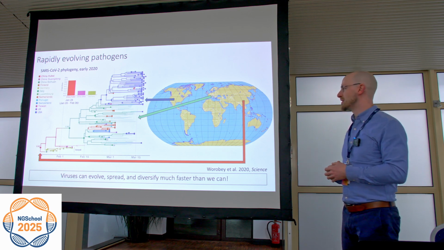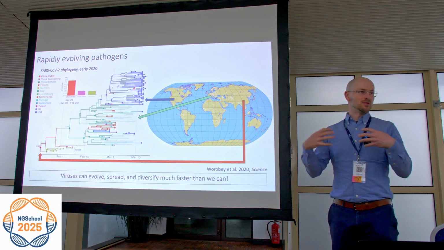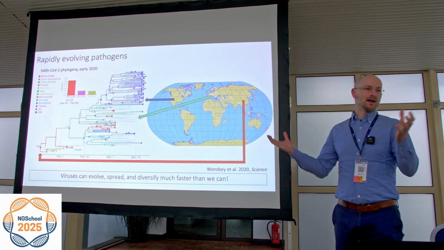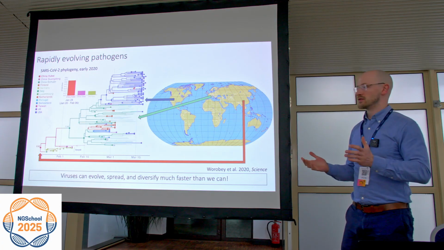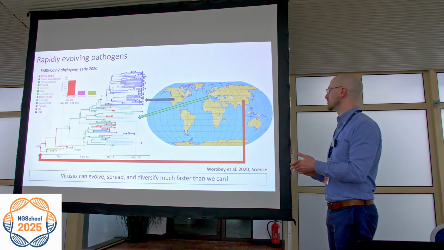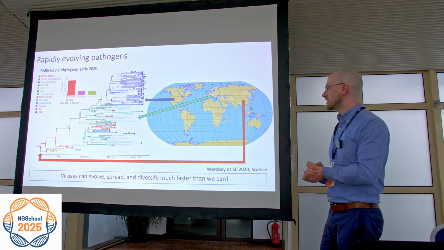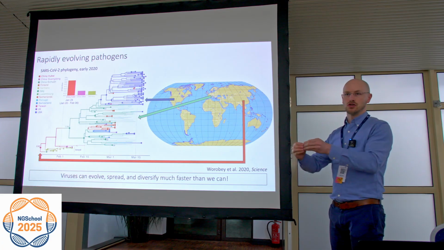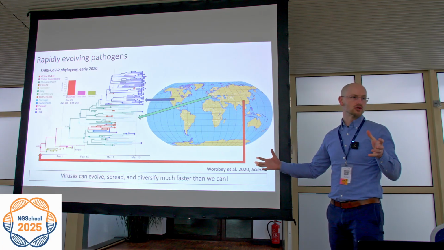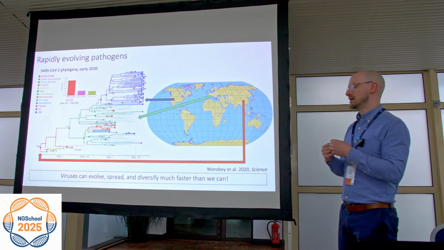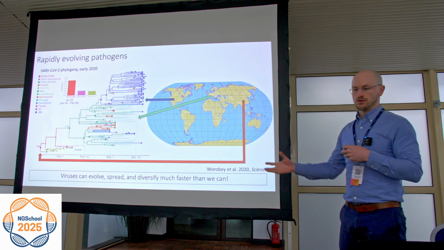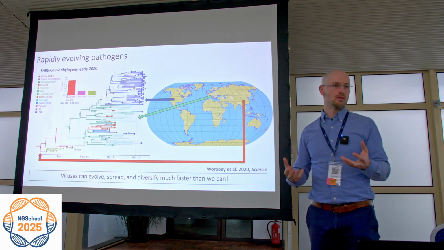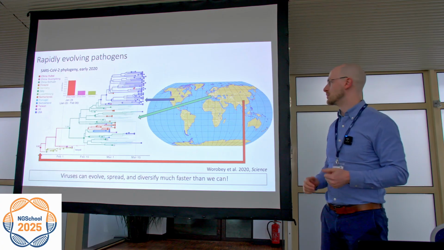So we don't have inbuilt receptors that recognize patterns on SARS coronavirus 2 because it emerged only very recently. And in the last 5 years, it's created this huge, diverse family tree of variants that are able to be more infectious or evade our immune system, so like Delta, Omicron.